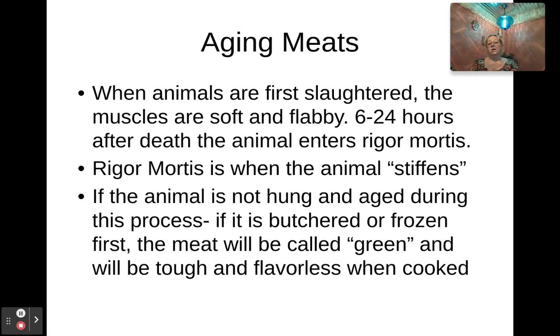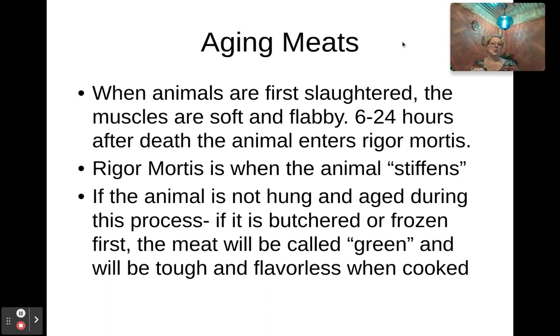If the animal is not hung and aged during that process, if it is butchered or frozen first, then the meat will be called green, and this affects the toughness and the flavor quite a bit, and it's not very good. And so meats go through this aging process that happens right after they are killed.